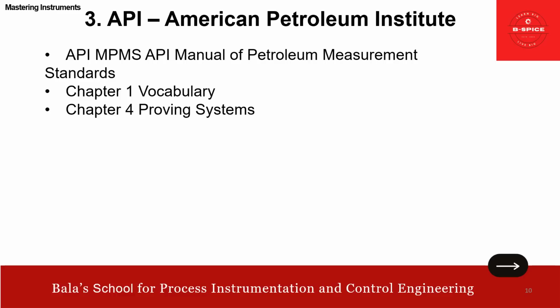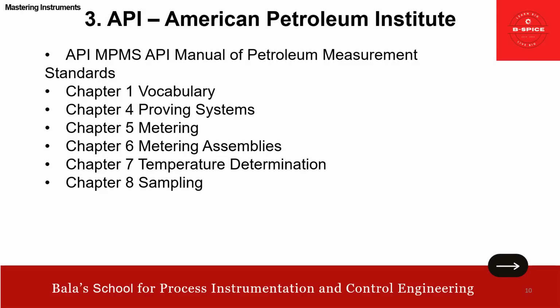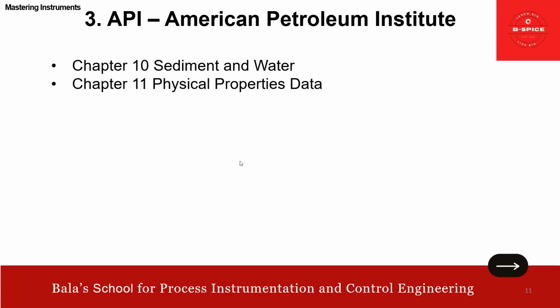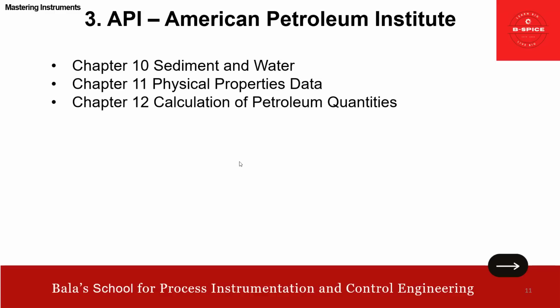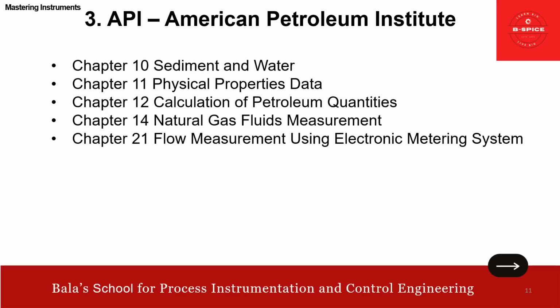Chapter 1 talks about vocabulary, chapter 4 proving system, chapter 5 metering, chapter 6 metering assemblies, chapter 7 temperature determination, chapter 8 sampling, chapter 9 density determination, chapter 10 sediment and water, chapter 11 physical property data, chapter 12 calculation of petroleum quantities, chapter 14 natural gas fluid measurement. Then chapter 21 talks about flow measurement using electronic metering system. So these are all the chapters.